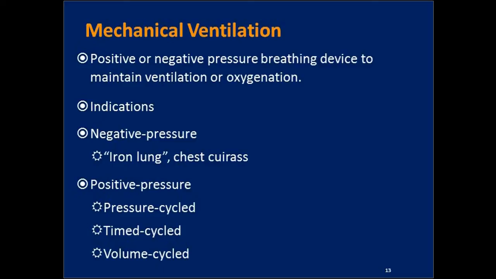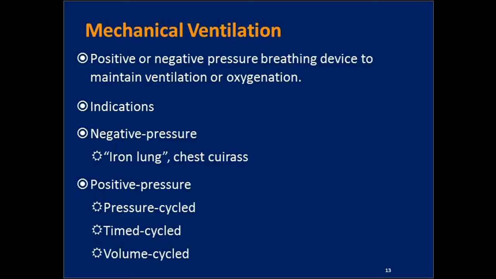Volume cycled means that a preset volume of air is delivered, and once that volume of air is delivered, no matter how long it takes it to get in or how short an amount of time it takes for it to get in, once that set volume is delivered, then expiration begins, and expiration is a passive process.